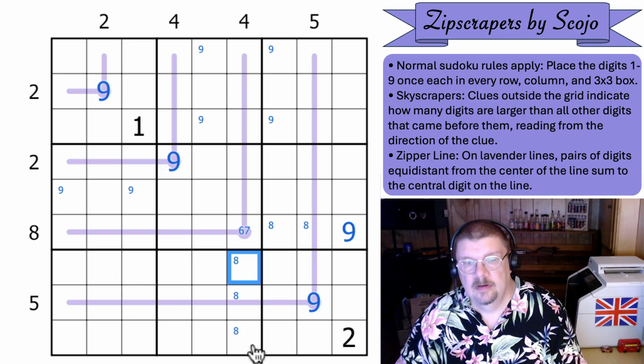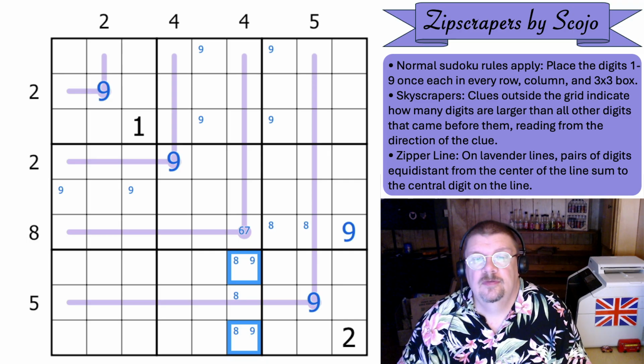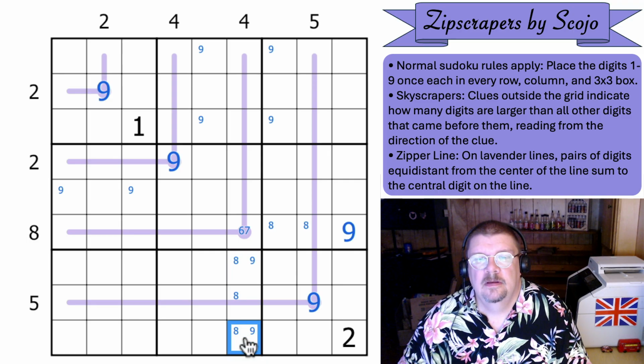In fact, we know that 9 by Sudoku is in one of those 2. So that would have to be the 9. That would have to be the 8. That would be a hidden 7.